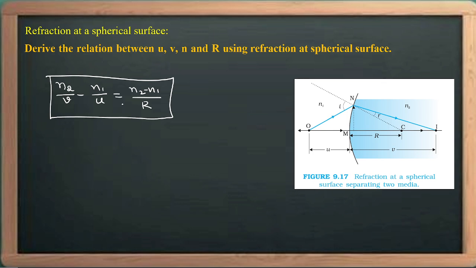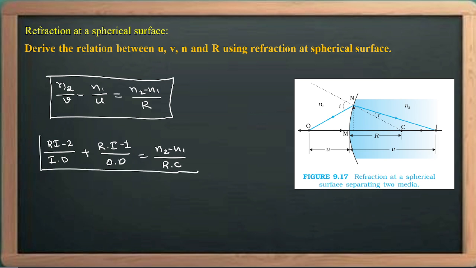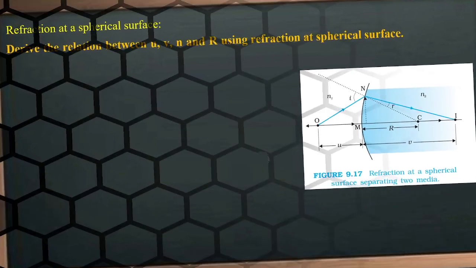This can generally be written as refractive index of second medium divided by image distance plus refractive index of first medium divided by object distance equals n2 minus n1 by radius of curvature. So in general you can remember this.